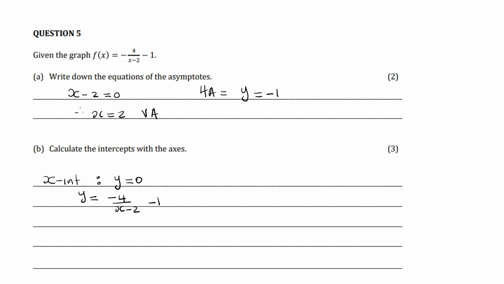Where there's y, you substitute 0. This is minus 4 over x minus 2 minus 1. So I'm just going to bring the 1 this side, and I'll have minus 4 over x minus 2.